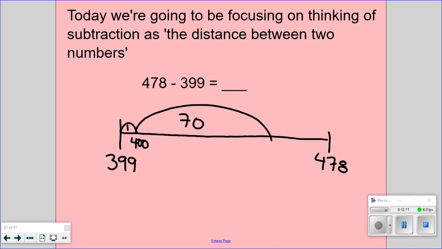Whoa. The reason why Ariana knew that she could jump 70 is because she knew her ending number is going to take her to the 70s. Ariana, what end number are we at now? 470.